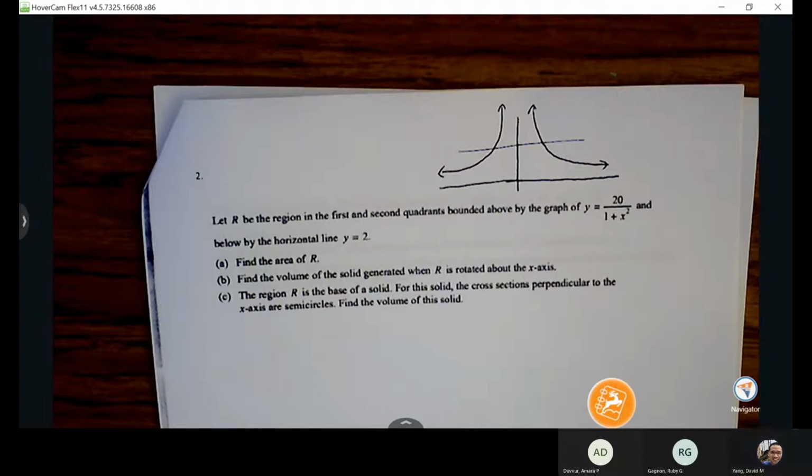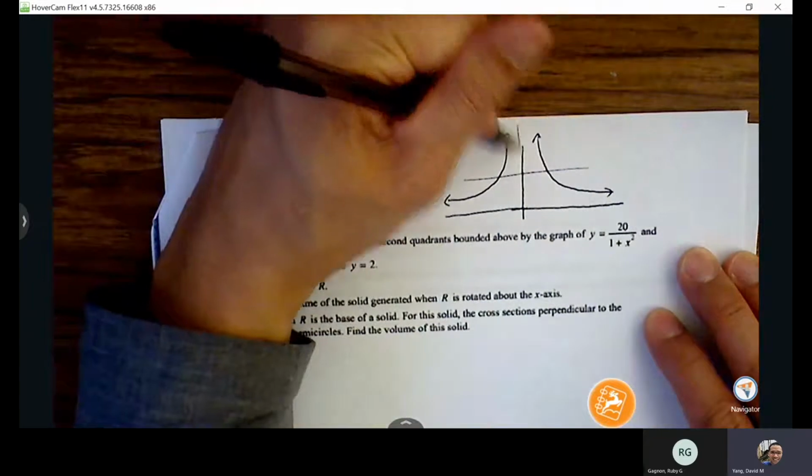Equals 2. Okay, so it doesn't seem like it's bounded, but this whole thing is going to kind of close up here.